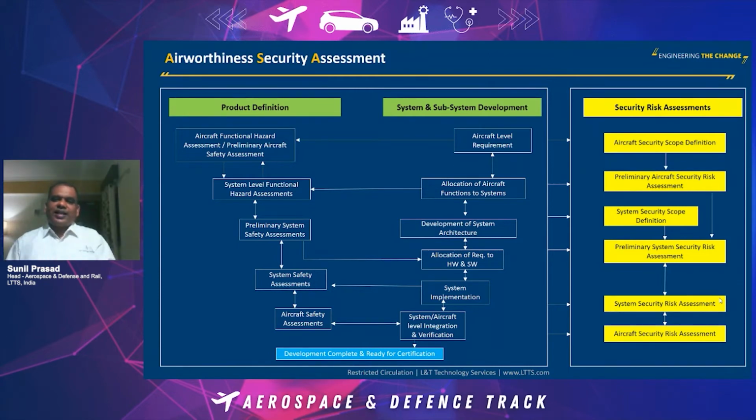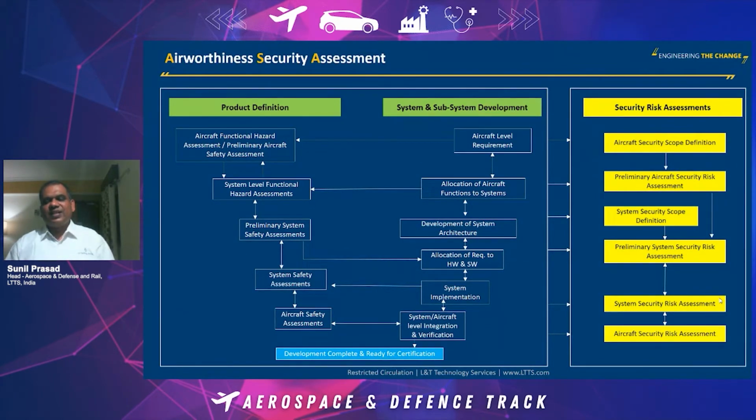And in this slide, we have documented how the aircraft product level, which is the existing ARP requirement, and the interface with the security risk assessment, they go hand in hand. Right? You define the requirements, you do the security risk assessment, you pass on the same requirements for the functional safety hazard assessment. Right?